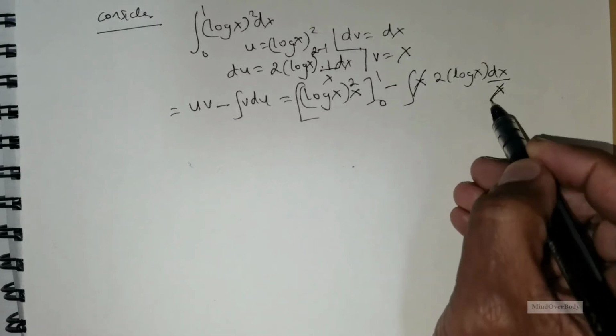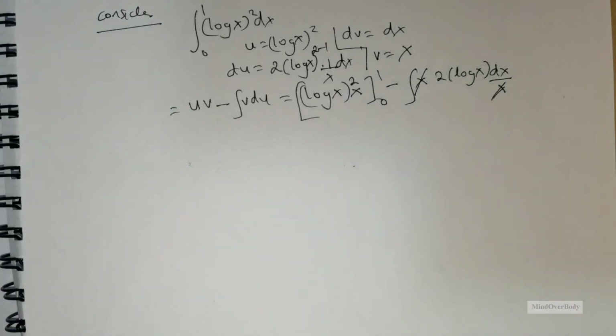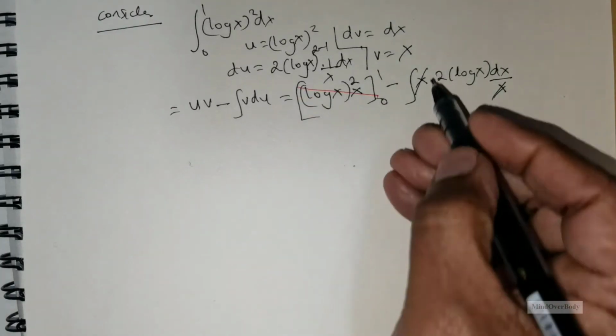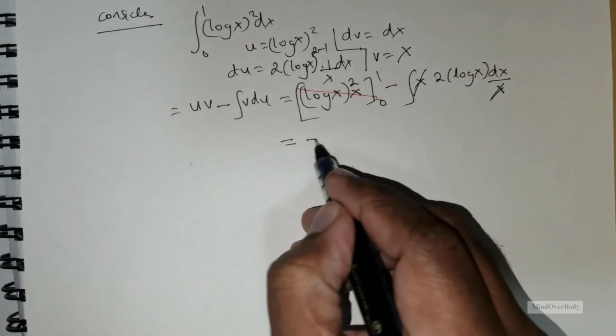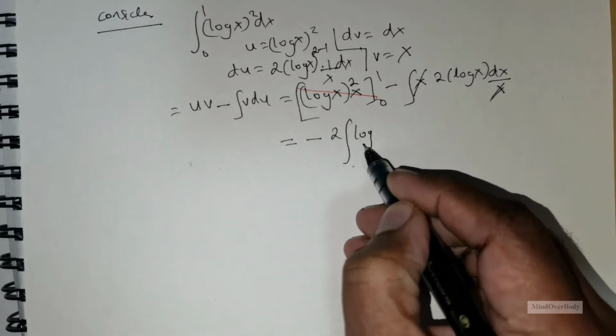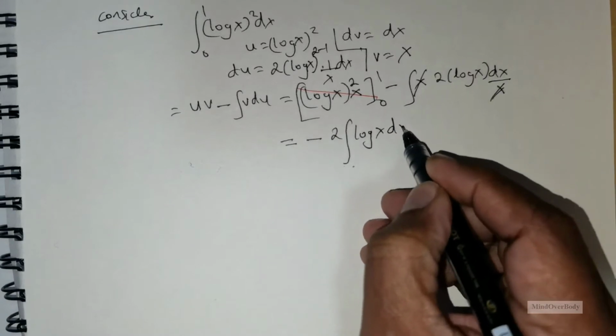So the x and x get cancelled. The boundary term is going to be 0 clearly, so you cancel that out.